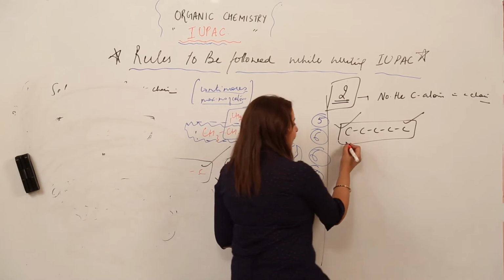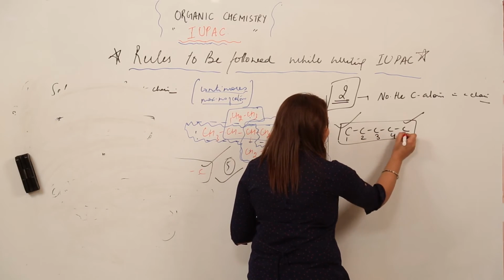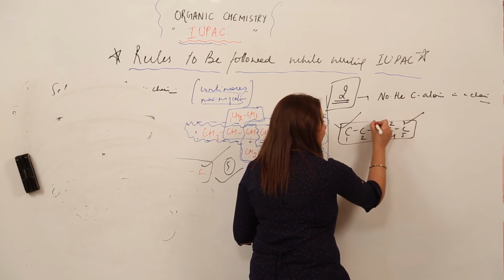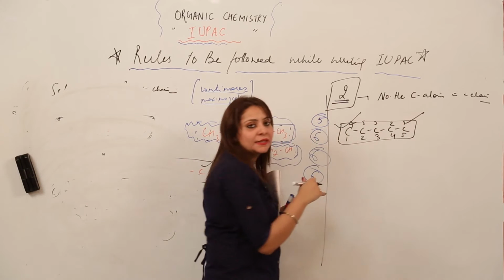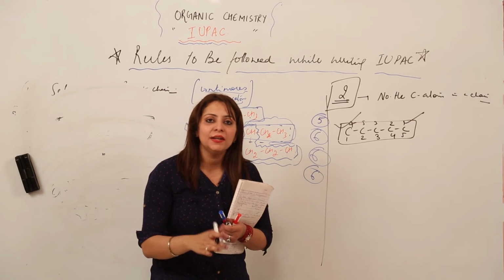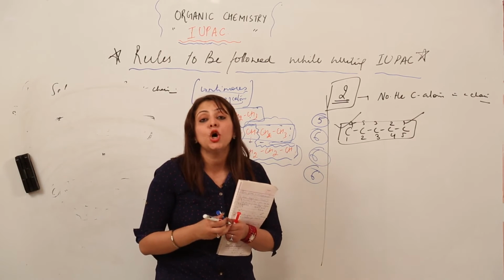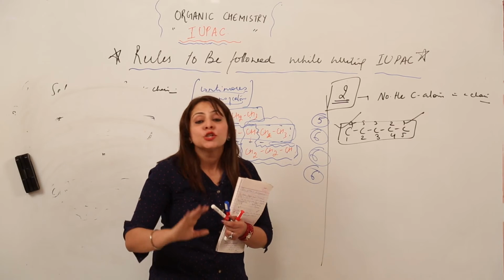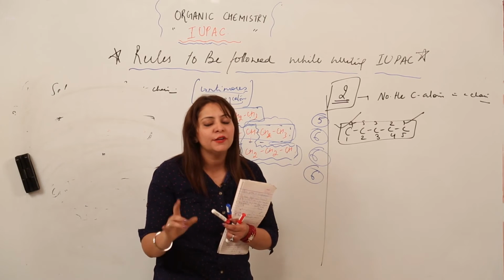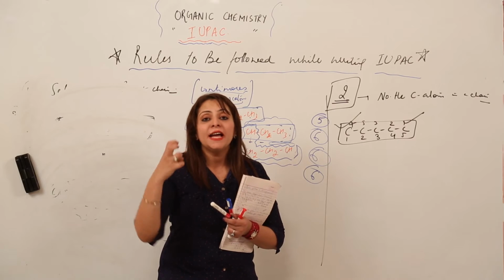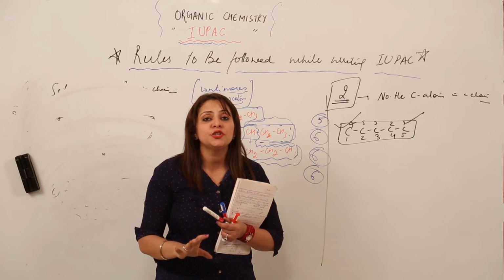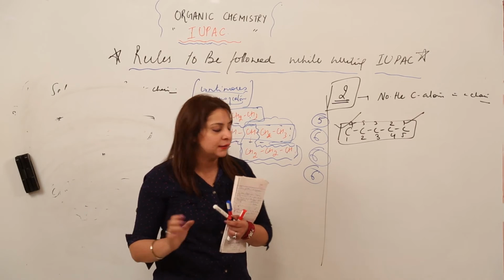I can number it 1, 2, 3, 4, 5 starting from here, or 1, 2, 3, 4, 5 starting from this side. We can number it either way, and it's correct because it has no substituent, right. So if there is no substituent and everything is included in the parent chain, numbering can be done from any side.